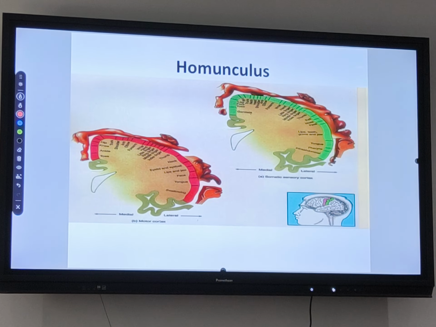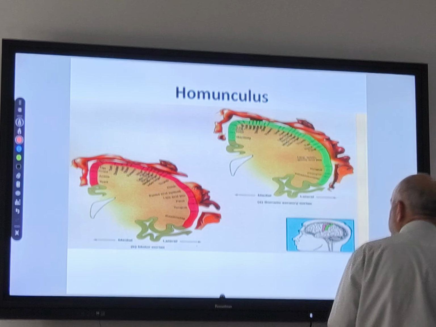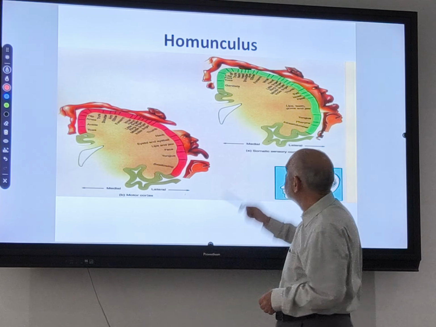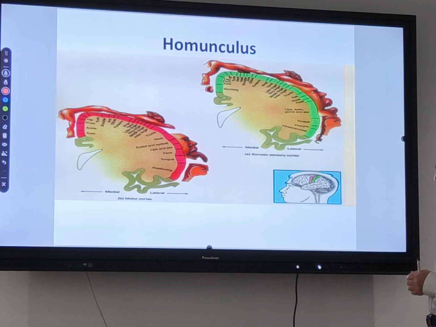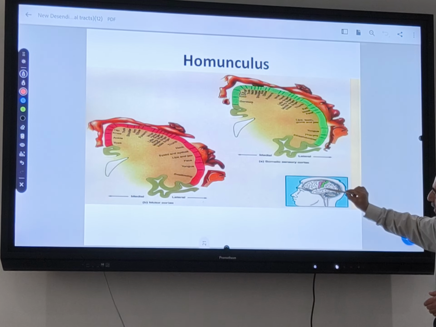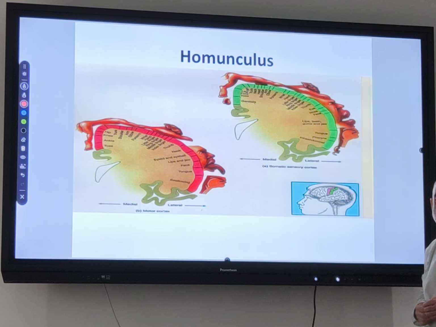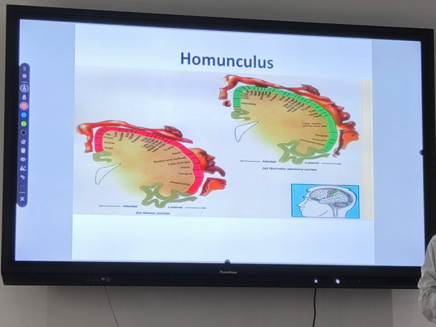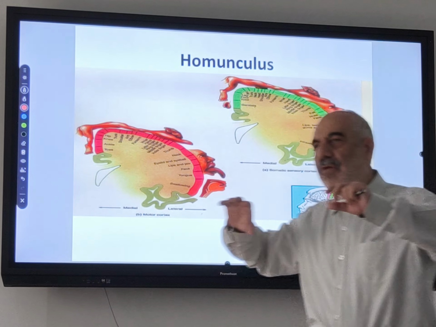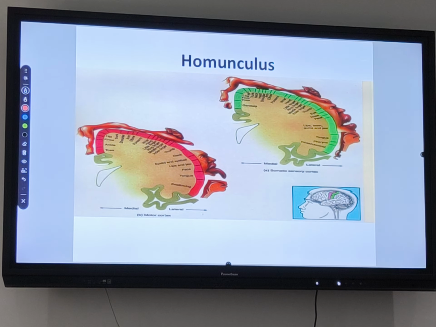Okay, this is the homunculus. We have the sensory homunculus. We have the motor. This is the motor, as you see. This green one is the sensory homunculus. We have the motor homunculus. So the homunculus is the image of different connected parts of the body on the cortex.